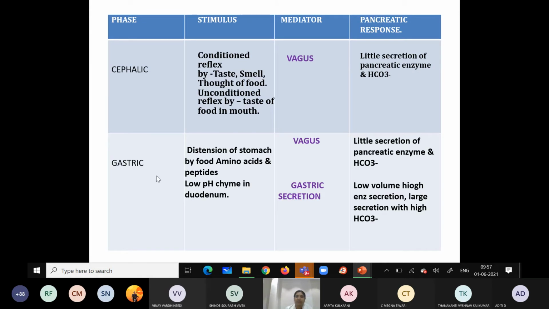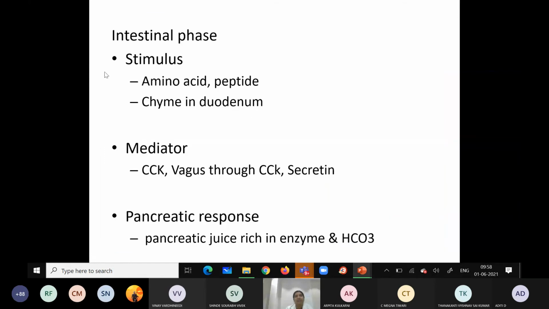Whereas in the gastric phase, the stimulus is distension of the gastric mucosa. The mediator here is the vagus nerve and gastrin. Here again, enzyme-rich secretion with bicarbonate occurs, right? Whereas in the intestinal phase, the stimulus is amino acids, peptides, or chyme entering into the duodenum.